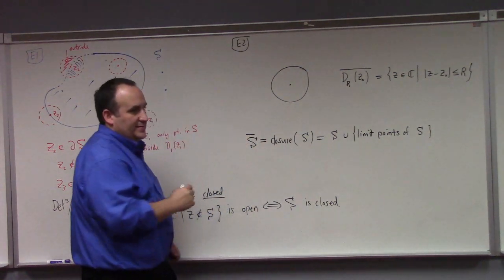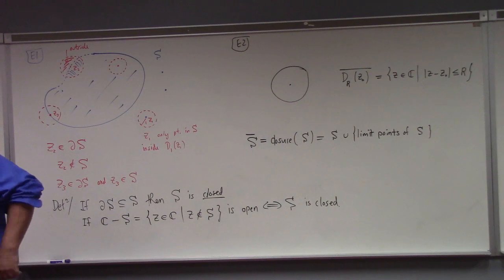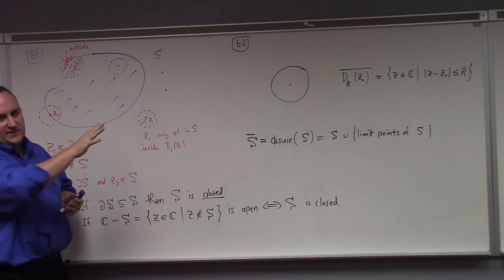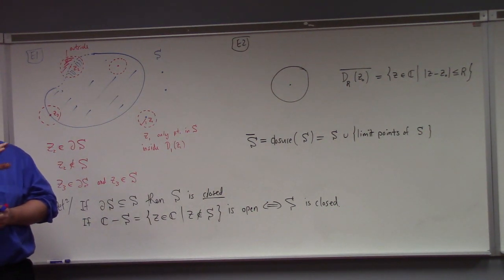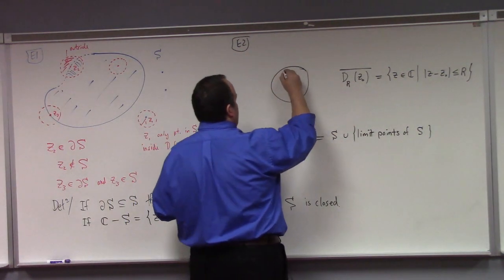So I'm sorry, you need time travel to understand this part, but give me a second, I'll come back and define limit points, all right? But let me finish my example 2 before I do that, okay? So this is the closed disk, right? The edges are not fuzzy, and it's all of this.